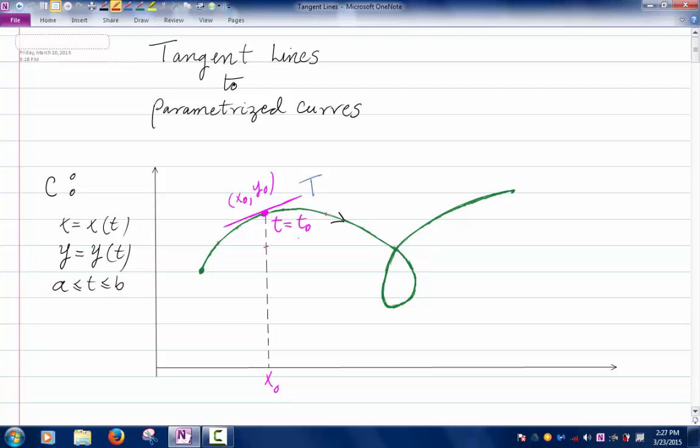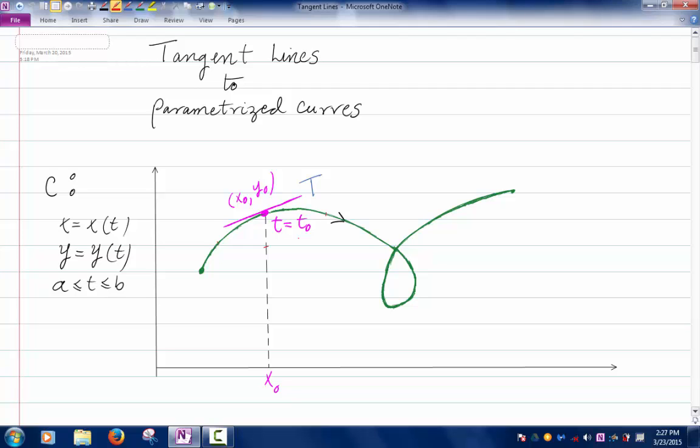The y coordinate of the curve is given by y of t. And let's say t lies in some interval from a to b. It doesn't have to be a finite interval, but just for the heck of it, I'm assuming that t varies over a finite interval, but it doesn't have to. A and b could be plus or minus infinity.